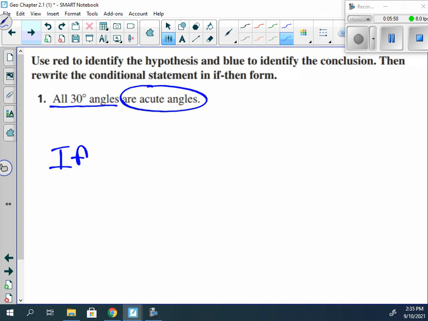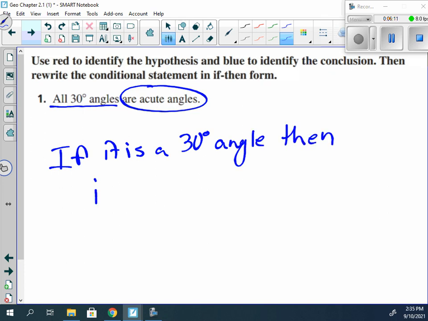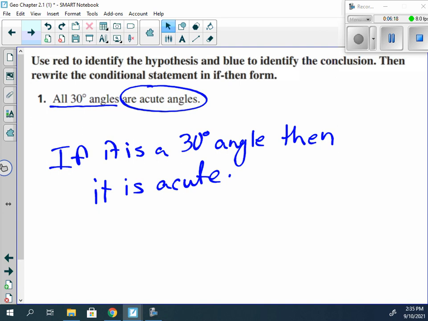If it is a 30-degree angle, then it is acute. Do we have to say acute angle? No, because structurally of the sentence, we understand that we're talking about an angle. Questions on this here?